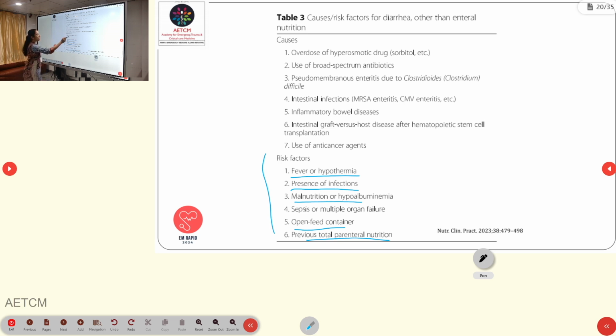So these patients are at risk, and other causes which can induce diarrhea are giving overdose of hyperosmotic agents or drugs like sorbitol, then broad spectrum antibiotic, pseudomembranous colitis, then intestinal infections or irritable bowel syndromes, or intestinal graft versus host disease after stem cell transplantation.